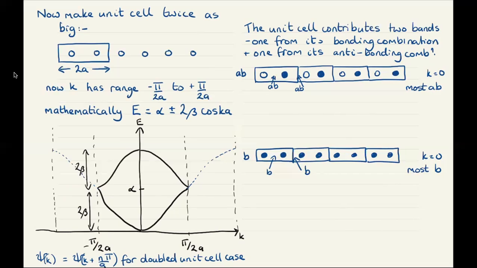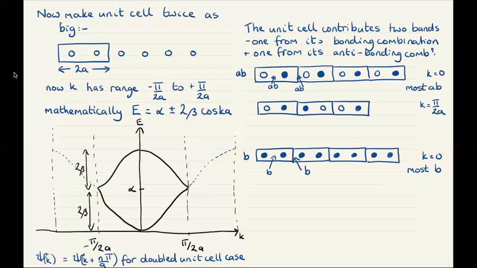Now let's look at K is equal to pi over 2a for the antibonding combination within the unit cell first, and K is equal to pi over 2a is the boundary of the Brillouin zone, and so this means that each unit cell has its phase exactly opposite to that of the neighboring unit cell.